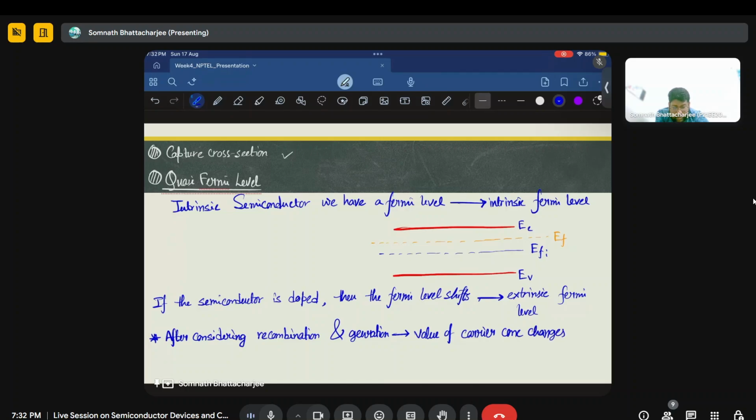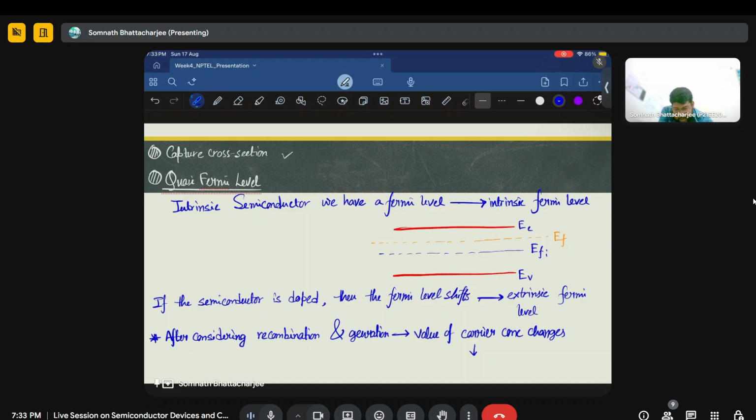Based on this change in the carrier concentration, and the Fermi level calculated from each of the two different carriers, we get two different values of EF. That is, the Fermi level has two different values depending on whether we are calculating it from the side of the hole or from the side of, let's say, the electron. So we get two different Fermi levels.